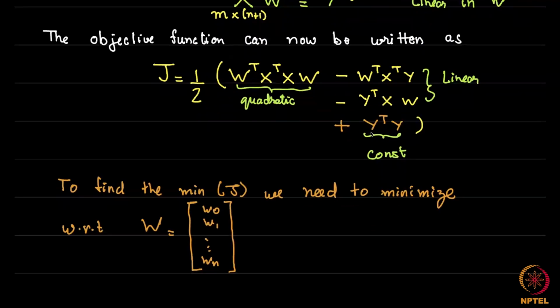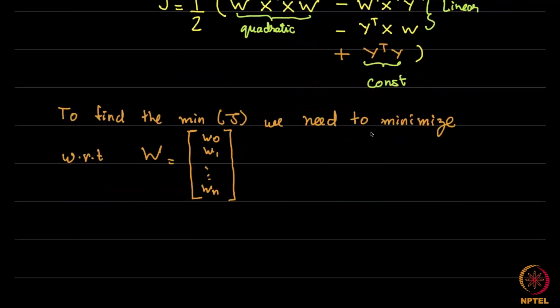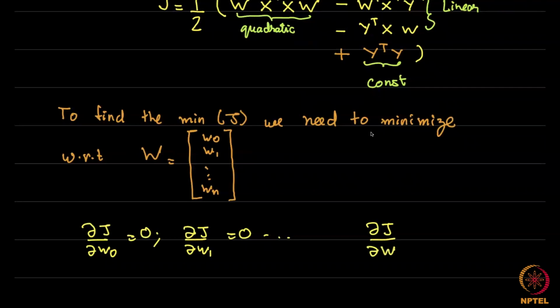Now, how do we minimize? We minimize in the following way. We say del J del W naught equal to 0, del J del W1 equal to 0, so on and so forth, up until del J del Wn equal to 0.